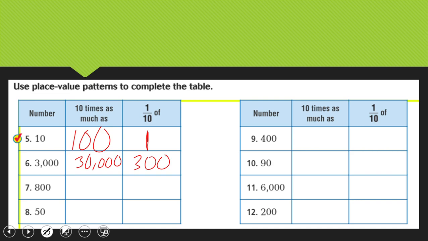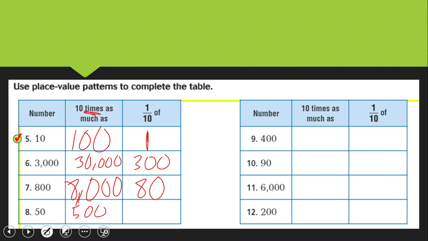We have 800, and that should be 8,000 as 10 times as much. Remember, times shift to the left. 1/10 of 800 is 80. Then we have 50. So 10 times as much of 50 is 500.